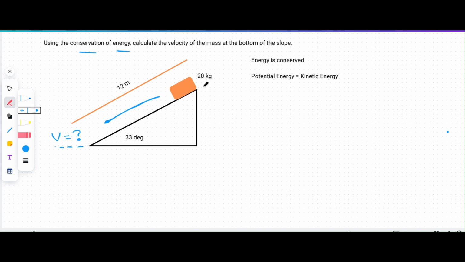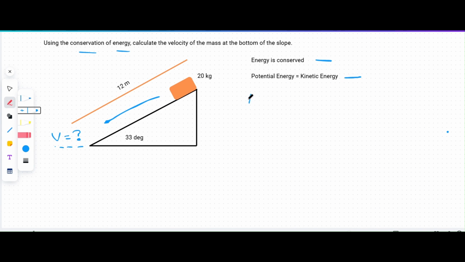Okay, so we've got 12 meters, that's the length it's going to go down the slope. 33 degree slope, 20 kilograms. We've got to use the conservation of energy. So that states that you can't destroy or create energy, it's just conserved or changes its form. And potential energy will equal kinetic energy because it just changes form.